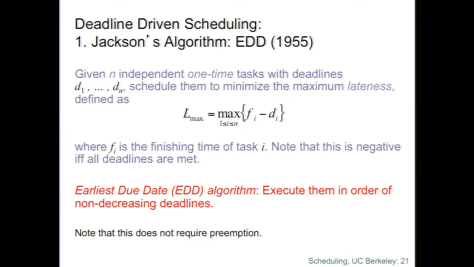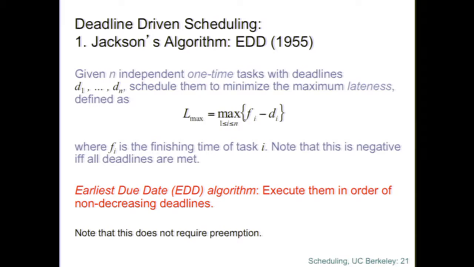So minimizing the maximum lateness is probably a reasonable optimization criterion to apply for problem sets. Very different question than feasibility. The finish time minus the deadline is the lateness, and minimizing the maximum lateness is a problem you can solve under idealized circumstances.